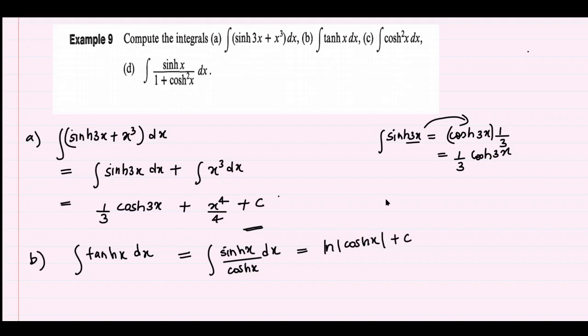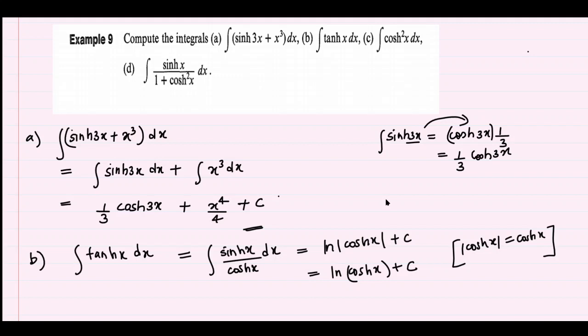It is an even function. So this will be natural logarithm of cosh x plus c. The reason is that the modulus of cosh x is cosh x itself.